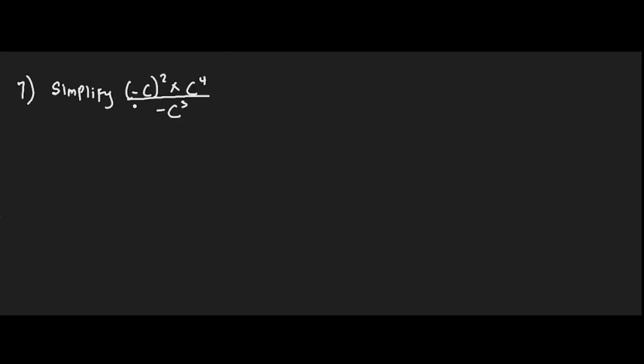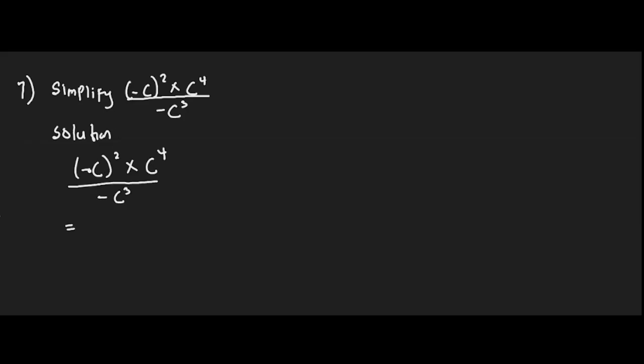Now I ask you to simplify (-c)^2 times c^4 all over -c^3. Solution. Here we have (-c)^2 times c^4 all over -c^3. You see that we have (-c) all raised to power 2.